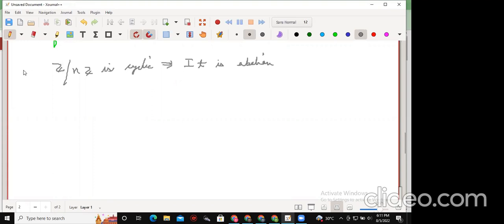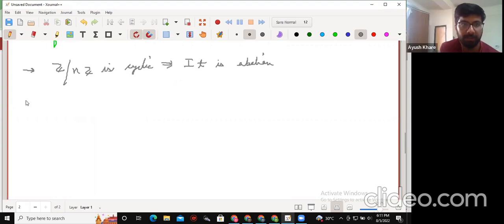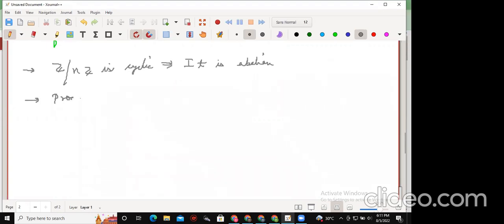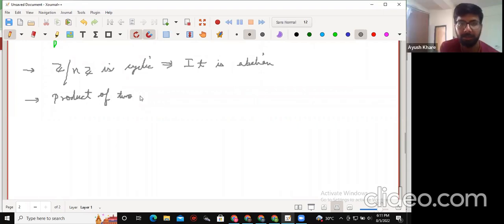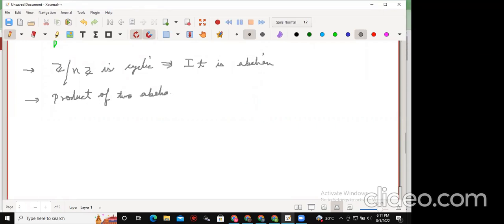So Z mod nZ is abelian due to this, and in addition to that, the product of two abelian groups is also abelian.